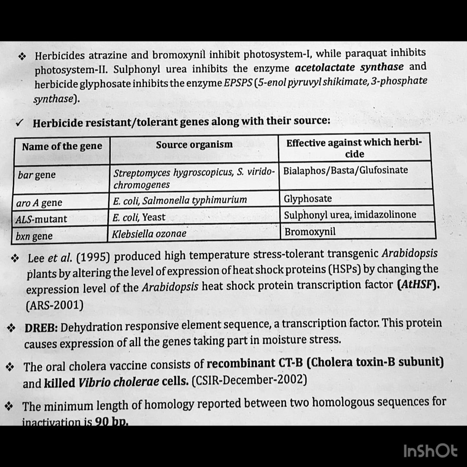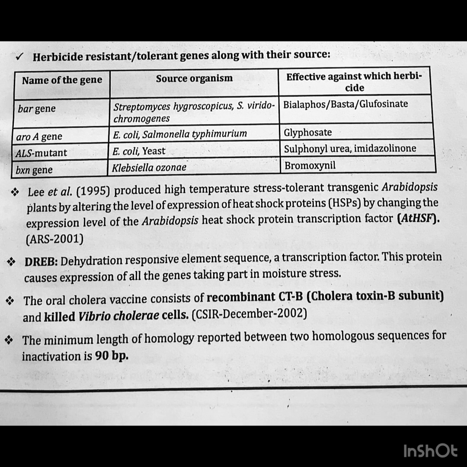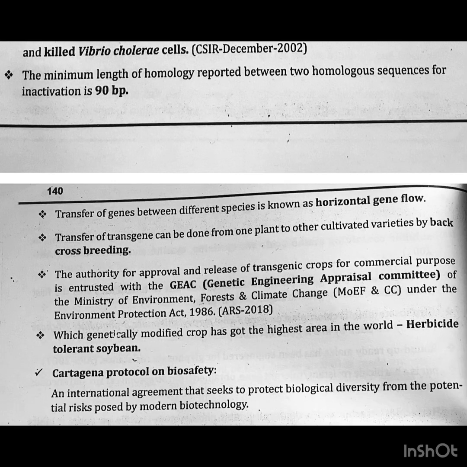The oral cholera vaccine consists of recombinant CTB, cholera toxin B subunit, and killed Vibrio cholerae cells. Question asked in CSIR December 2002: The minimum length of homology reported between two homologous sequences for inactivation is 90 base pairs. Transfer of genes between different species is known as horizontal gene flow.